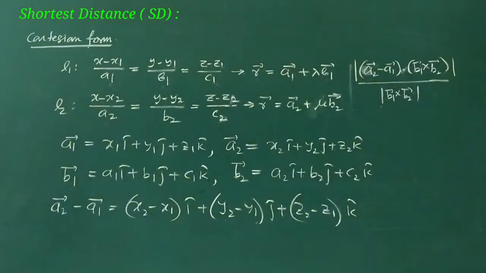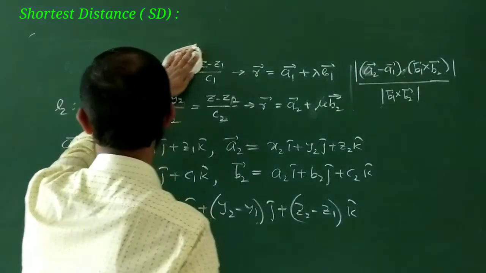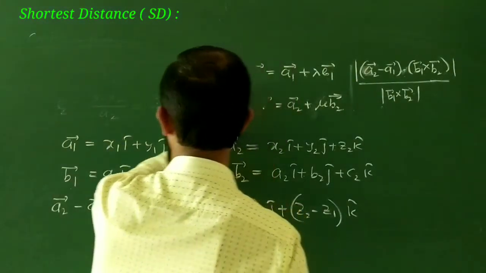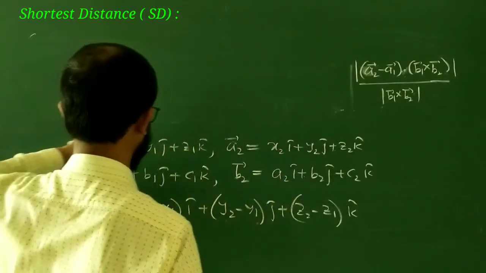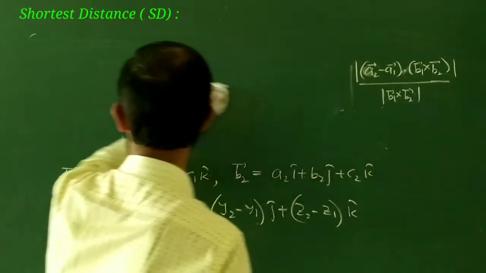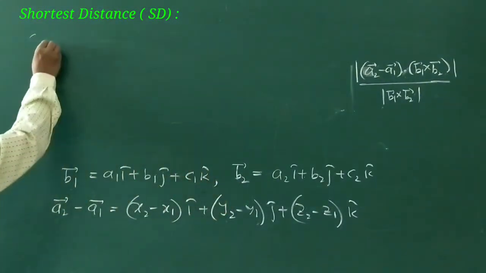Right? And now we are going to find the b1 cross b2 vector. b1 cross b2 is found by using the cross product of two vectors, that is the vector product.